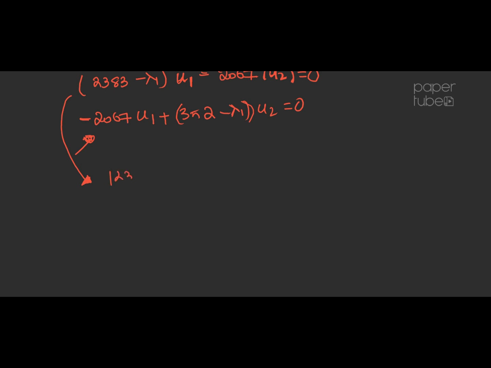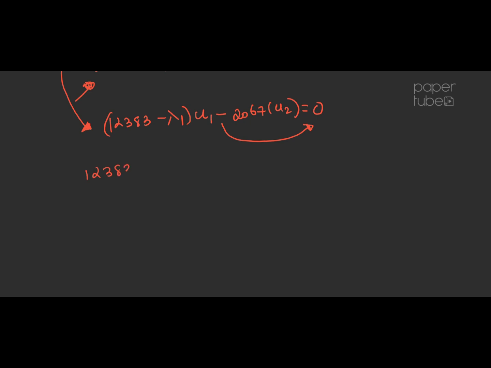Let's rewrite it: 12383 minus lambda 1 multiplied by u1 minus 2067 multiplied by u2 equals 0. Take the minus 2067 to the right hand side. So 12383 minus lambda 1 into u1 should be equal to 2067 into u2.